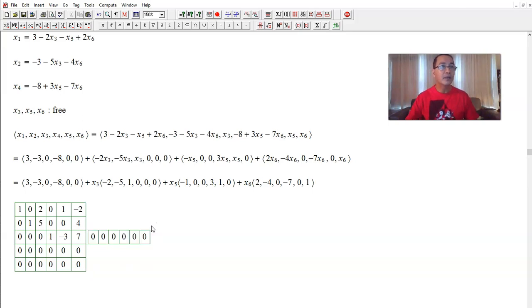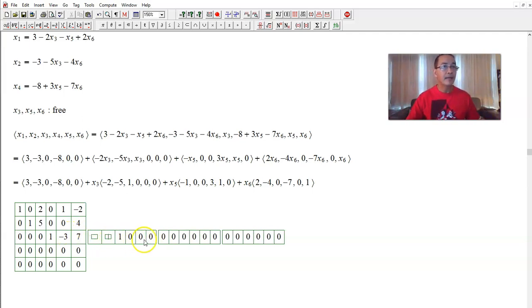We have 1 and 2 and 3 empty vectors. We'll just think of those zeros as empty. Our free variables are x3, x5, and x6. So x3 will turn into a 1. The rest to the right of it will be 0. So let's empty the first two.